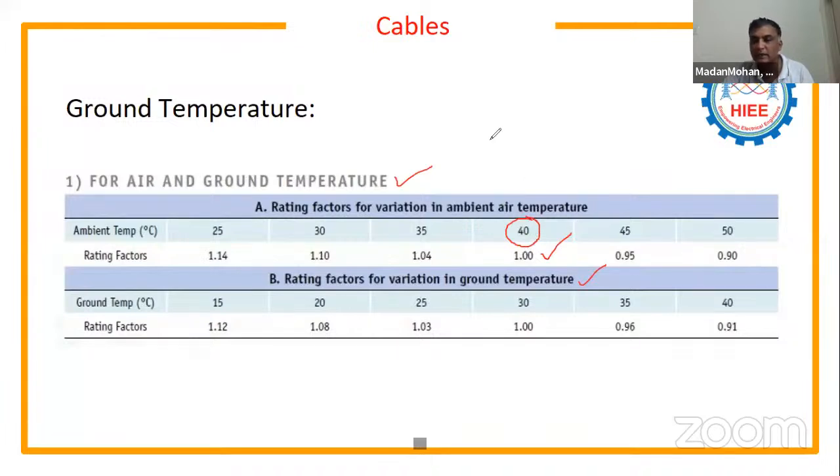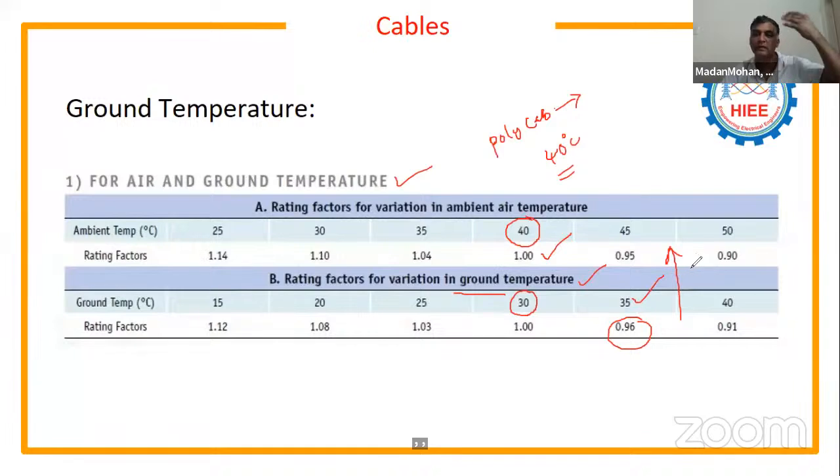These Polycab cables are designed for above the ground cables for 40 degrees centigrade, and if you are laying the cables underground, it is designed for 30 degrees centigrade. If the temperature increases, your derating factor will decrease. Derating factor decreasing means you have to go for a higher cross-sectional area of the conductor. This is the effect of ground temperature.